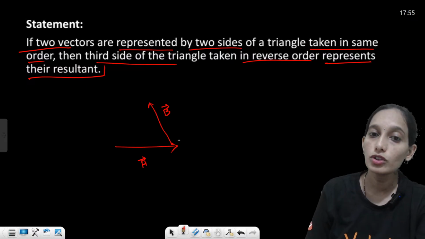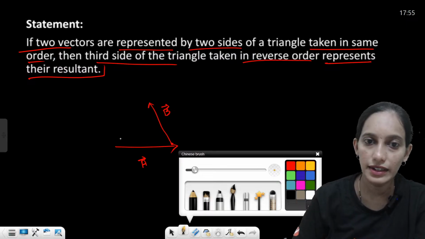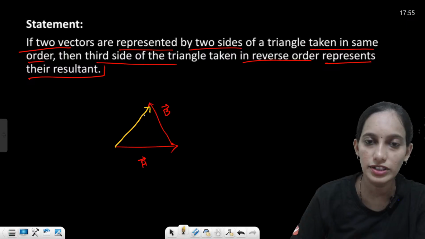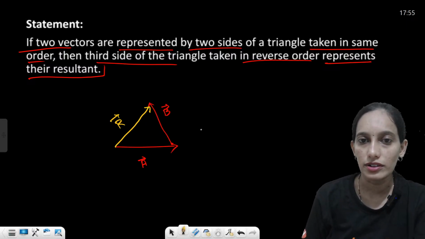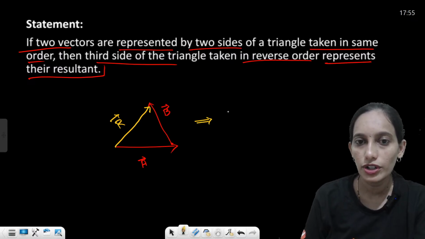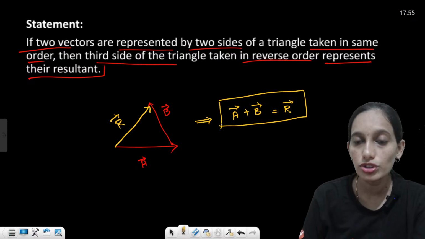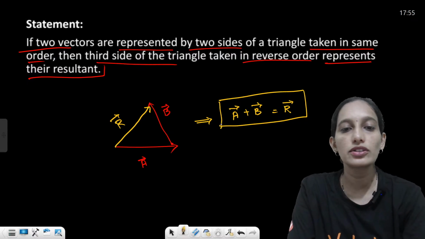This is called taking in the same order. Now the resultant is obtained by joining the third side, closing the triangle, taken in the reverse order. So A vector plus B vector is equal to R vector.